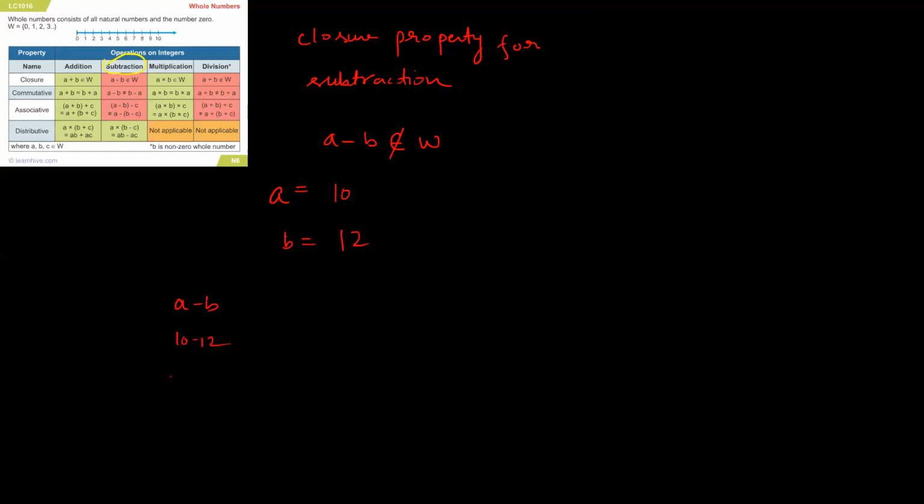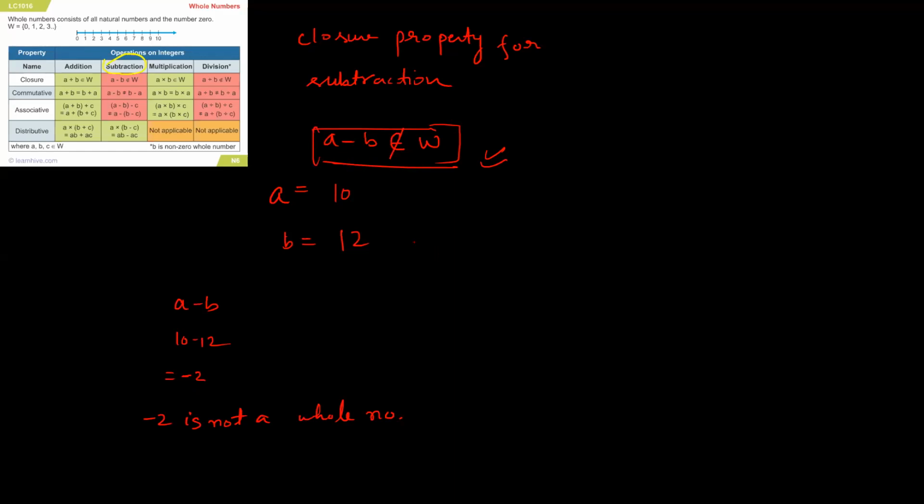So 10 minus 12 is minus 2, and minus 2 is not a whole number. Since minus 2 is not a whole number, we can say that A minus B does not belong to W. It means A minus B may be in W or may not be in W.